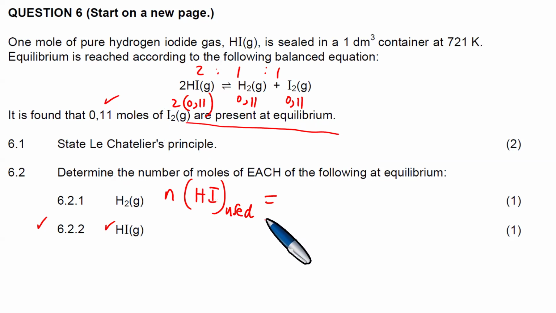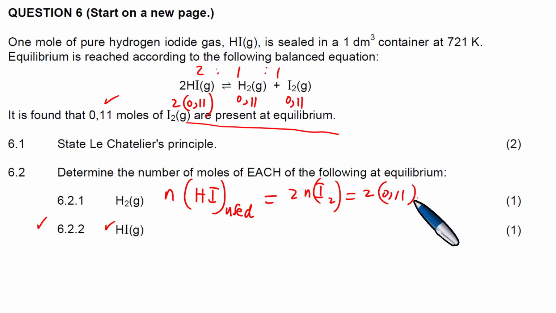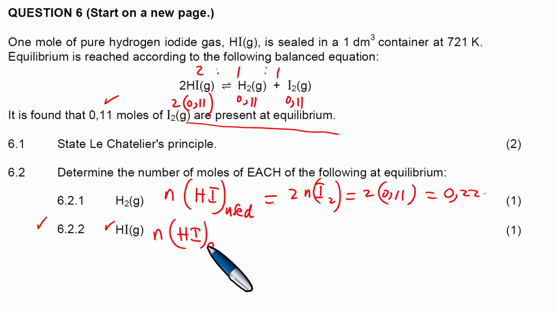The used hydrogen iodide would therefore be 2 times the number of moles of iodine, which is 2 times 0.11, so this is actually 0.22. Let's look at the number of moles of hydrogen iodide at equilibrium.